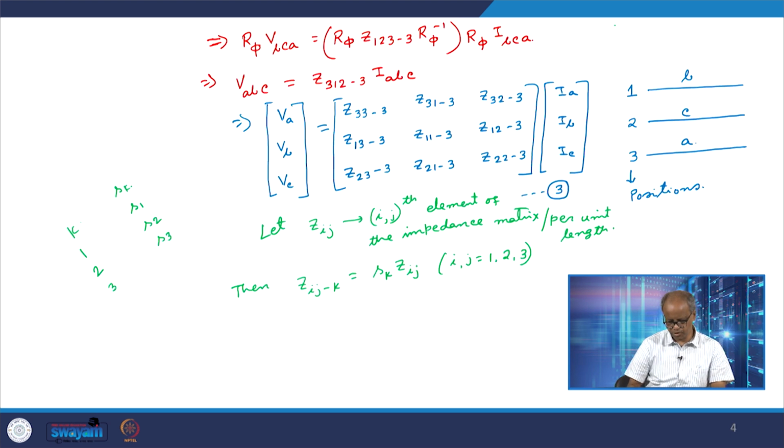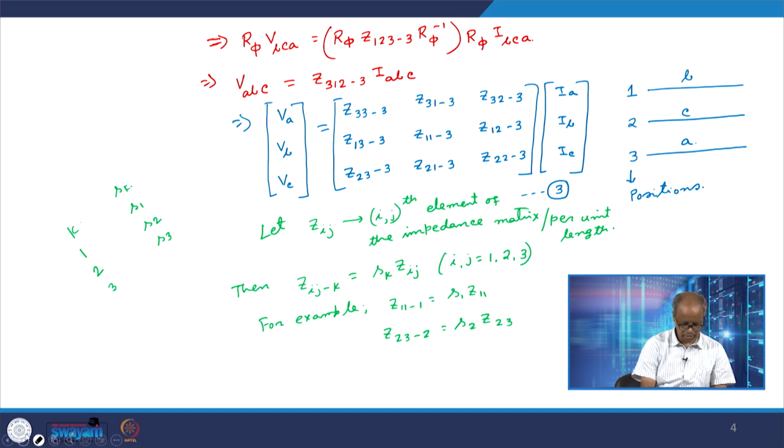For example, Z111 would be S1 into Z11, Z232 would be S2 into Z23, and Z313 is equal to S3 into Z31, similarly.